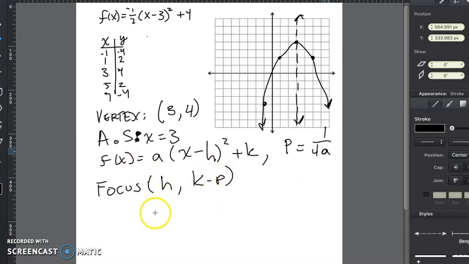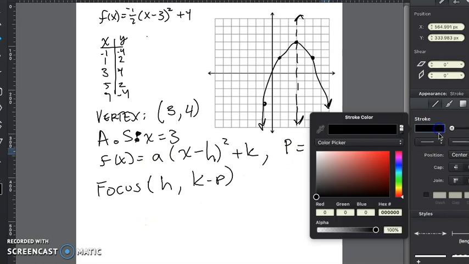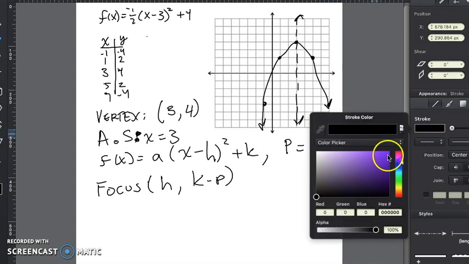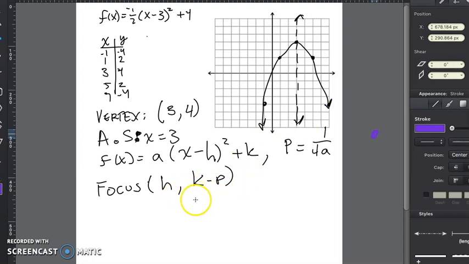In this case, my focus, let's do it. Our focus, let's do it in purple, why not? p is equal to 1 over 4a. In this case it's negative 1/2. On the bottom side, I'll have negative 4 over 2, or negative 2. So that means our focus is at negative 1/2.